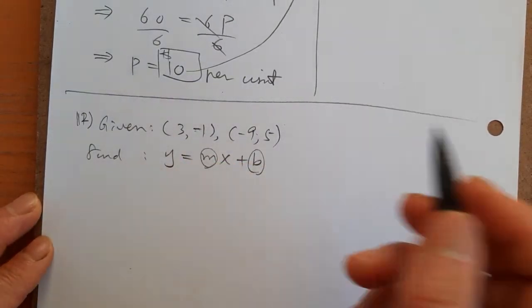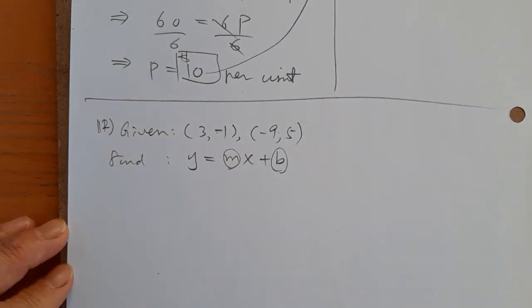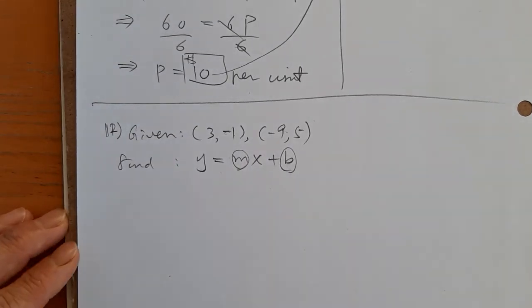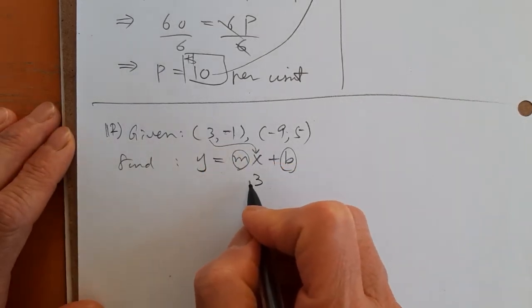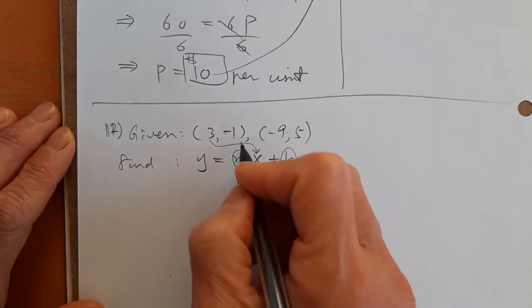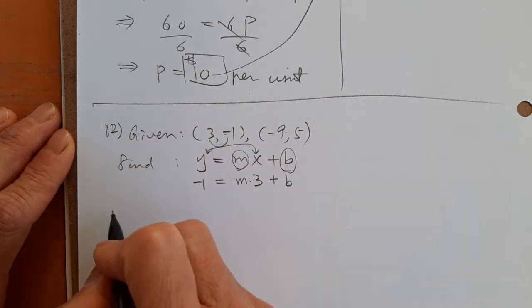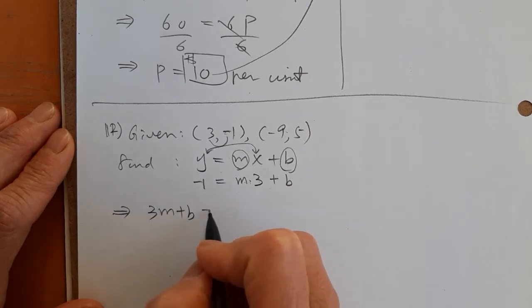Because we are learning linear systems, you can form a linear system with 2 variables and 2 equations, and solve for m and b. That's the first method. The first coordinate is x, so put it in x: 3 times m, plus the y coordinate -1 in y, plus b. From the first point, you get 3m plus b equals -1.